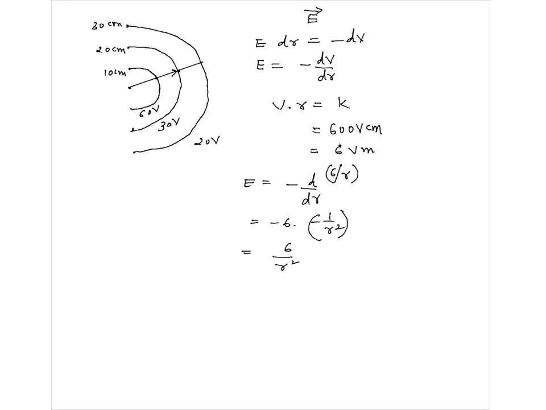V into R is 6. So V is equal to 6 by R. That's what I put here. Anything else, let me know.